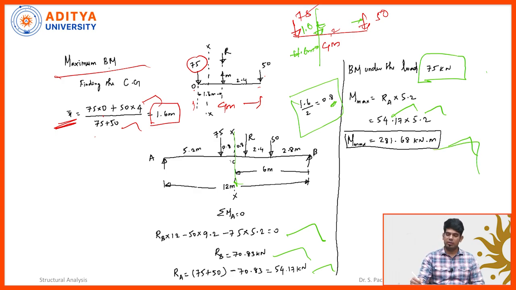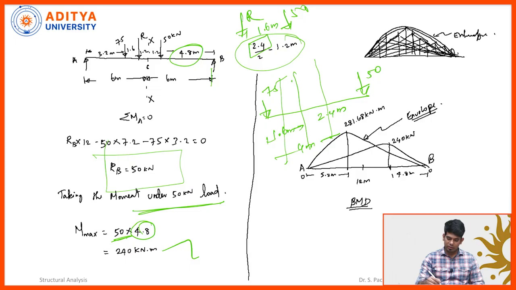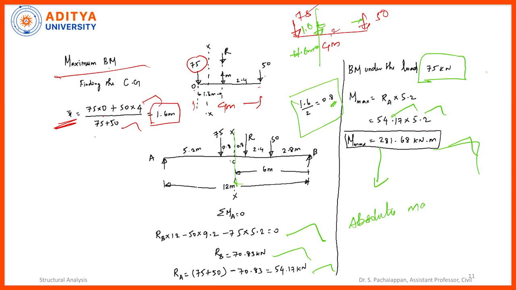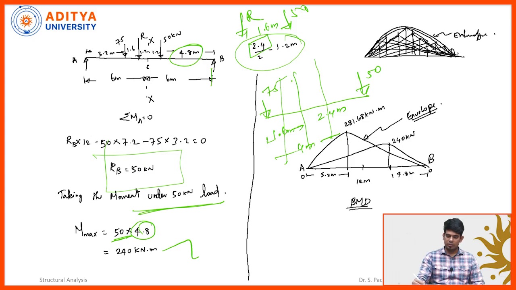Obviously, 281 is the maximum. That means 281 is the absolute maximum bending moment. The absolute maximum bending moment is 281.68 kilonewton meter.